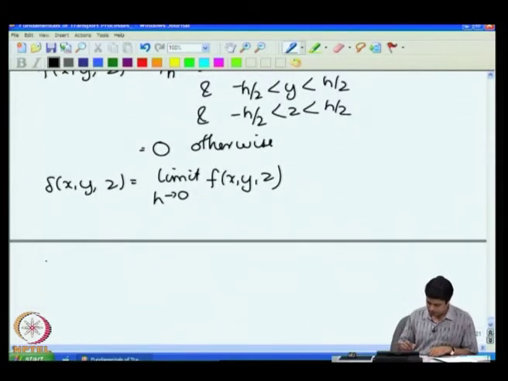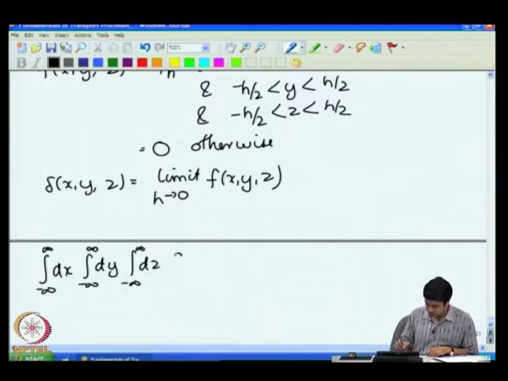Integral minus infinity to infinity is equal to 1.